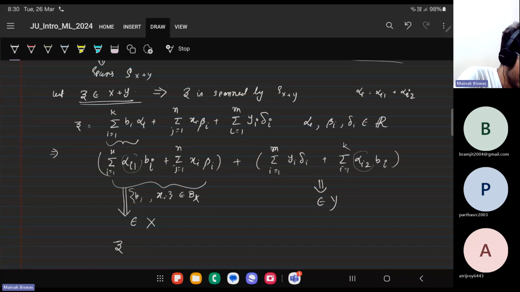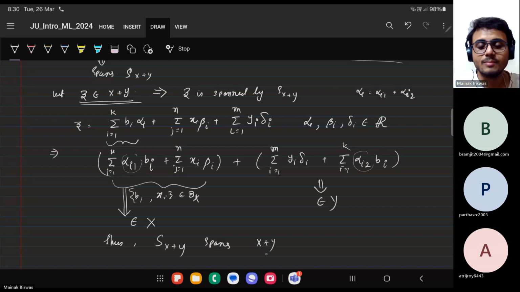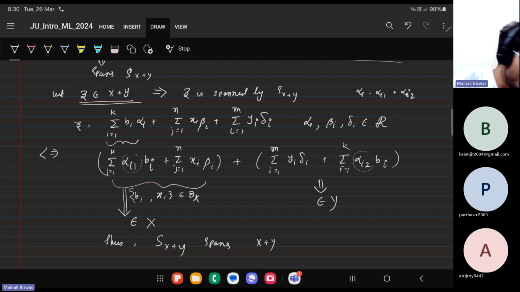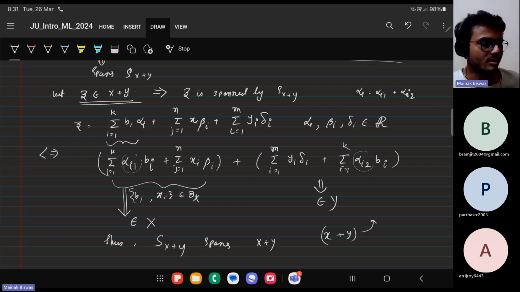So you have shown thus that the span of bx union by spans x plus y. Our choice is correct, but it is not done yet. This is only one side, right? Which is also reversible. That I mean by, say if you have x and you have y, two elements from x plus y, you can also say that the basis vector is the union.